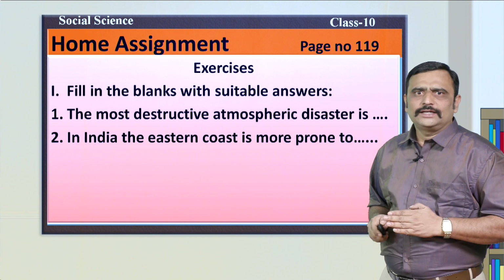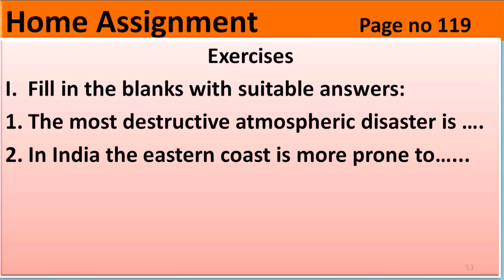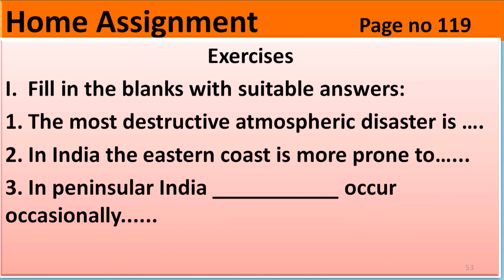In India, the eastern coast is more prone to... You need to fill up the blank. In Peninsula India, which natural disaster occurs occasionally? Dear students, these are the textbook fill up the blanks found on page number 119. You need to answer them.